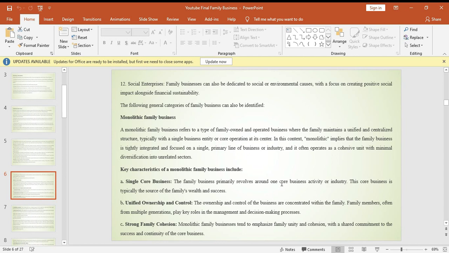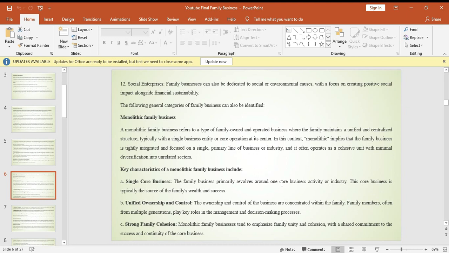Key characteristics of a monolithic family business include: A. Single core business. The family business primarily revolves around one core business activity or industry. This core business is typically the source of the family's wealth and success.